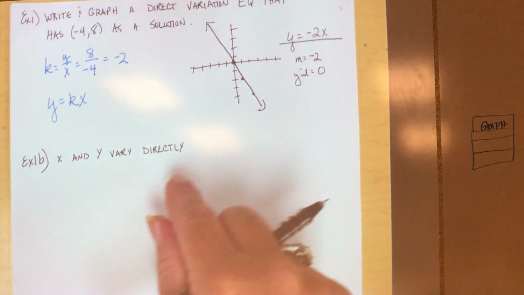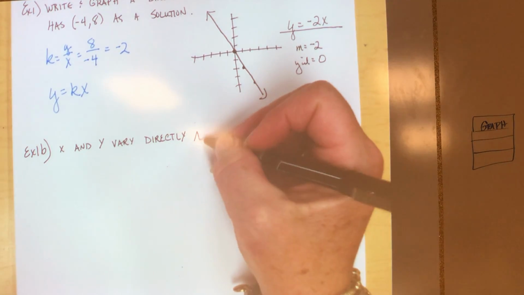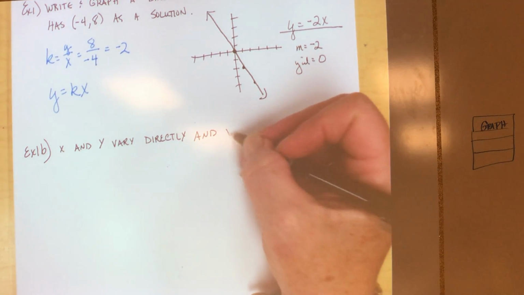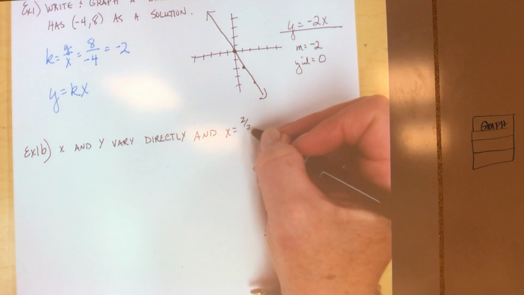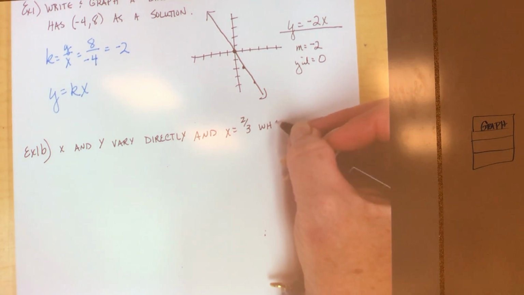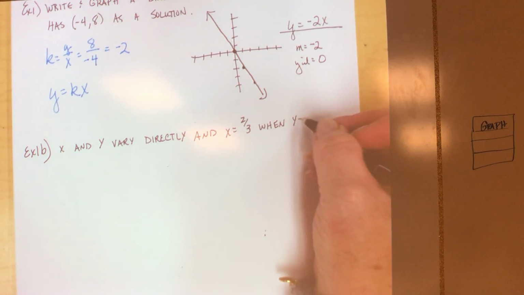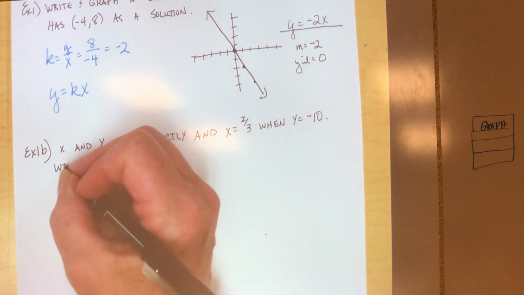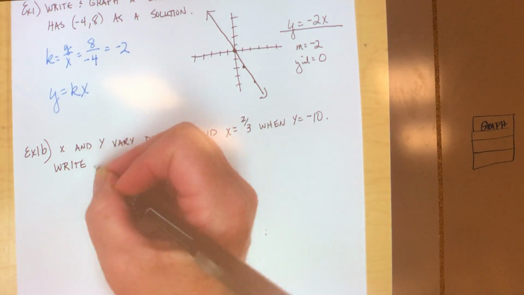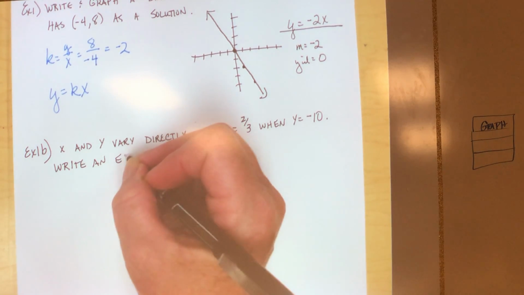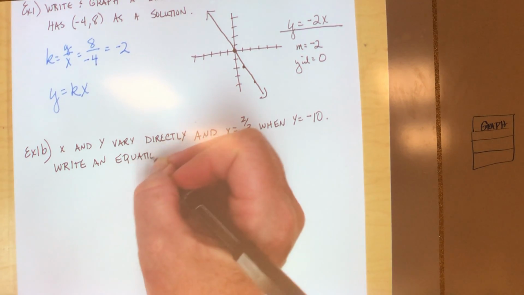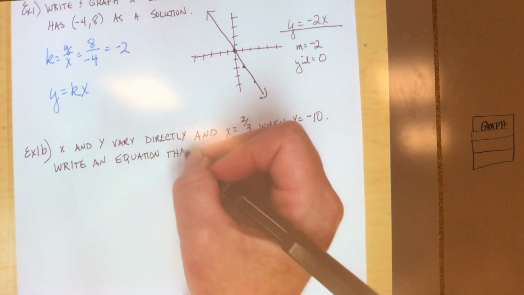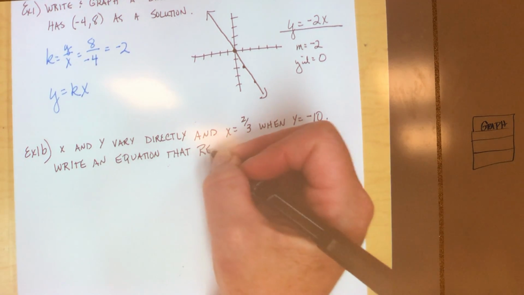A direct variation. X is equal to 2/3 when Y is equal to -10. Is that the same thing as giving you a point like I did up here? Yes. Write an equation that relates X and Y.